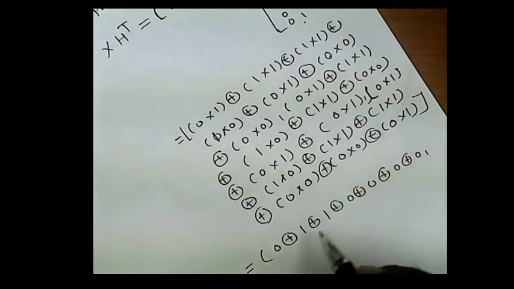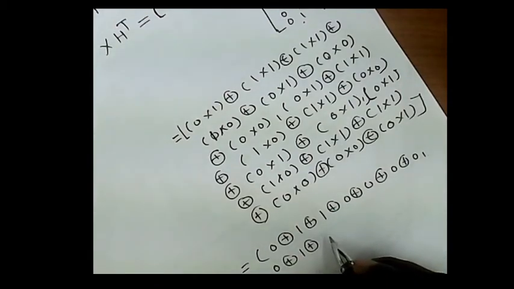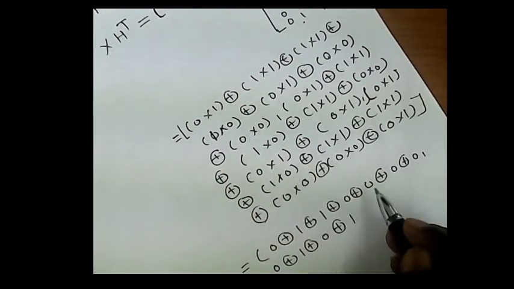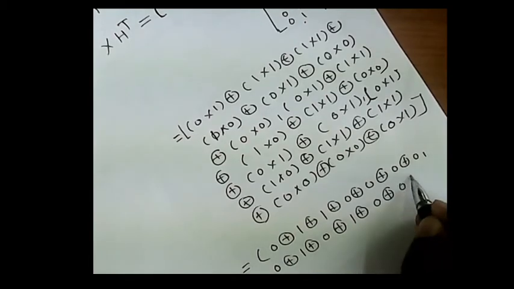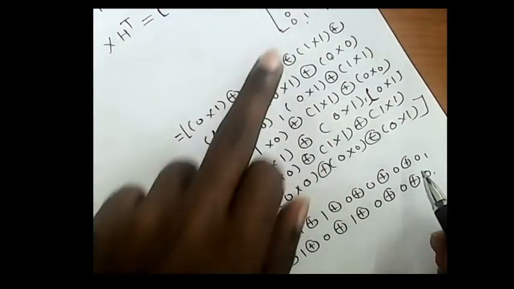Now we take the first row and second column, 0 into 1, 0, 1, this product, then 0 into 0, we can take the product. This is complete for the first row and second column.